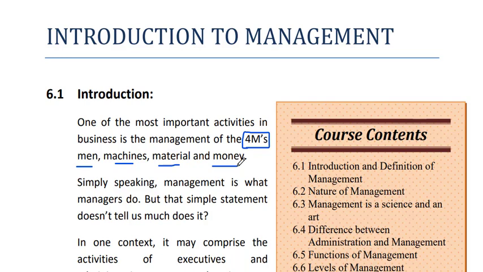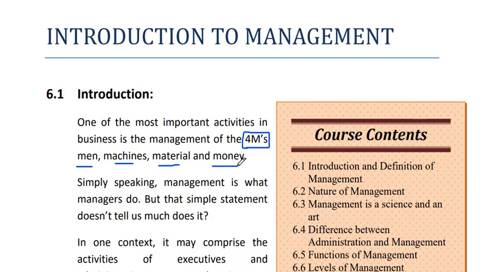If we do not manage money properly, then the unit production cost will be higher. Just like in our economics we said that if the price of a particular product is high, then demand will decrease, and our product will not be sold.